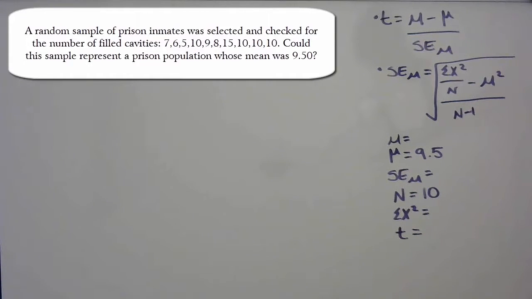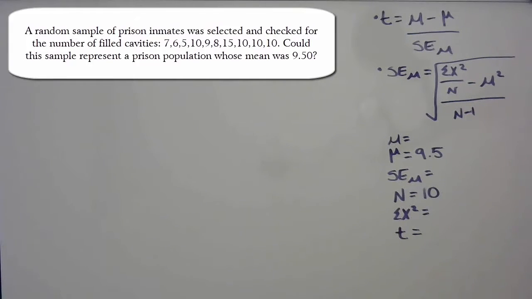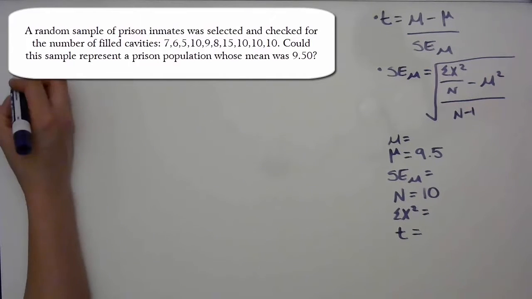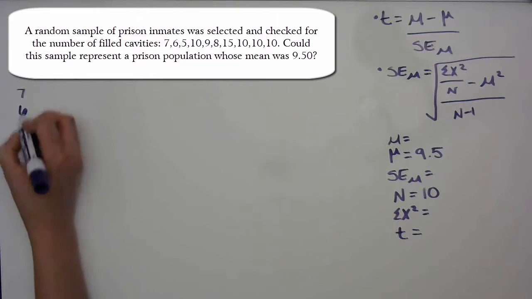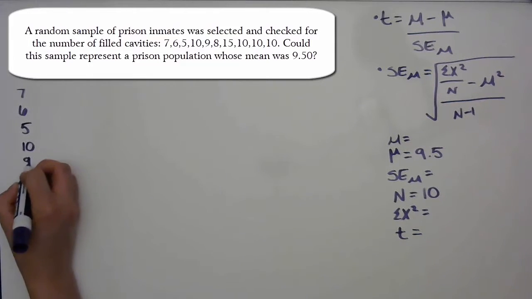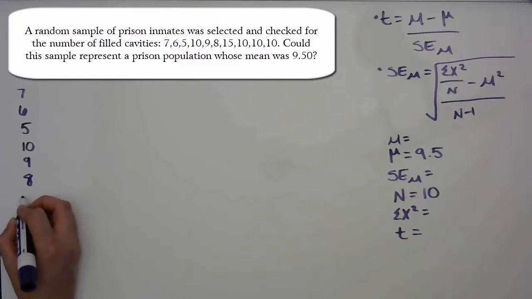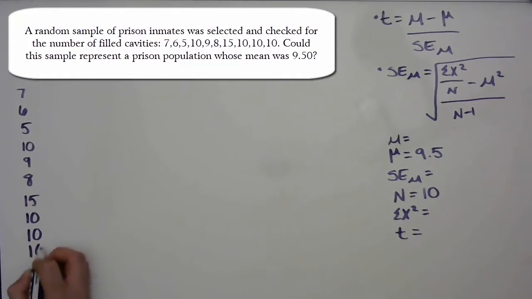So we need to figure out our mean, and we need to figure out the sum of squares here. So let's go ahead and make a list of the filled cavities that we have. So we have 7, 6, 5, 10, 9, 8, 15, 10, 10, and 10.